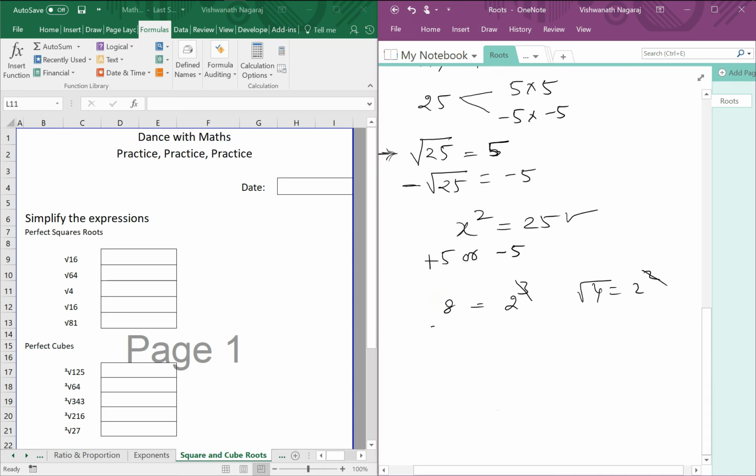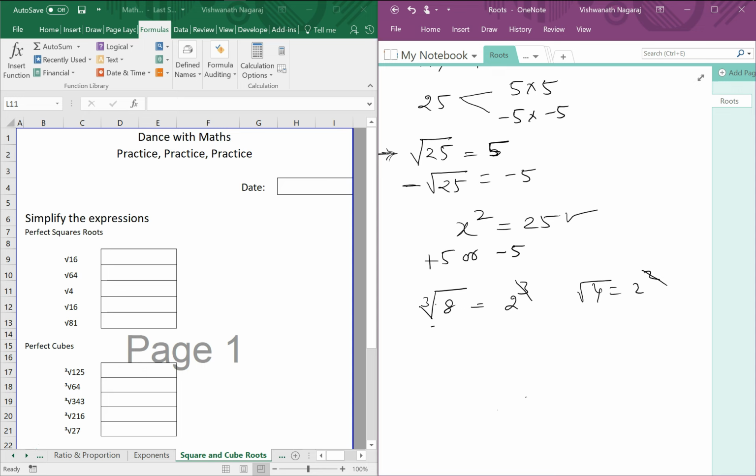A root, that is sure. But it can't be square root, right? Because 2 into 2 is not 8. It has to be 2 into 2 into 2. So what we do is we use the same symbol, but we write a 3 here. Normally when a number is not present, we say it is 1.